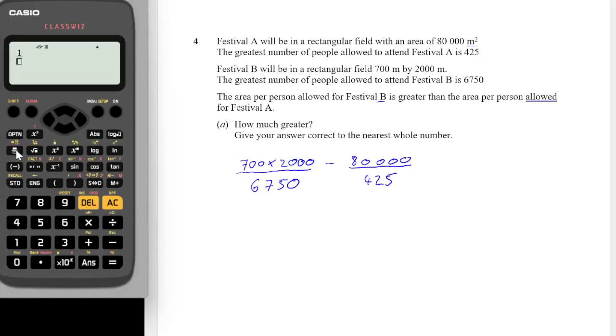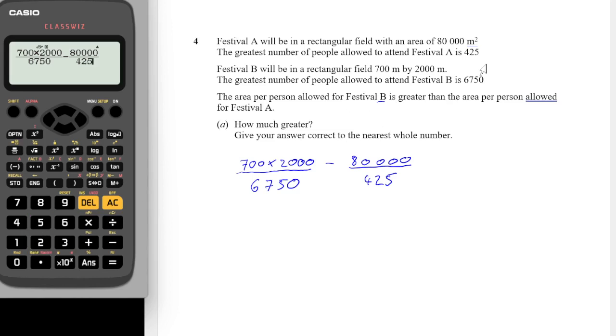Okay, so fraction, 700 multiplied by 2,000. Let's try that again. Fraction button, and on my numerator, 700 times 2,000. For my denominator, I'm looking at 6,750. And then from that, I'm going to subtract 80,000 over 425.